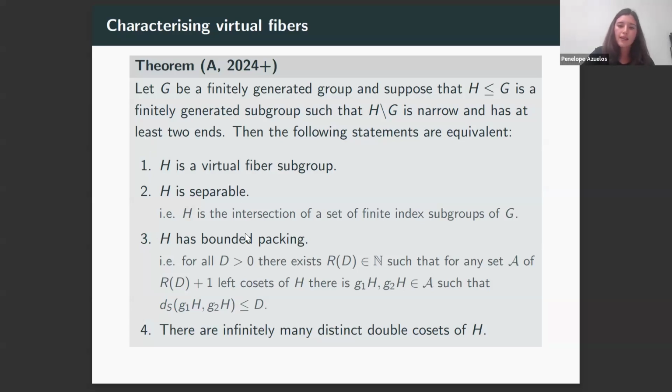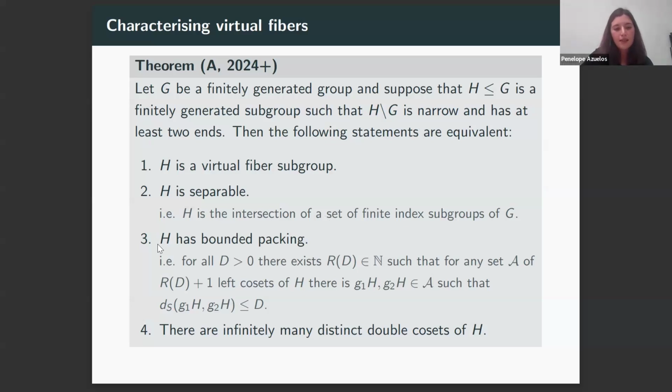And this is where it's necessary to assume, for the proof at least, that the quotient has at least 2 ends. Because there's a construction of Sageev, which will, given a subgroup so that the quotient has at least 2 ends, give you an action of G on something called a CAT(0) cube complex, which is just a very nice, very combinatorial, non-positively curved space, which is nice in and of itself.